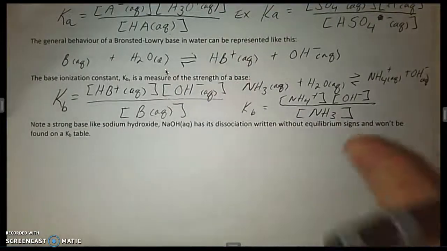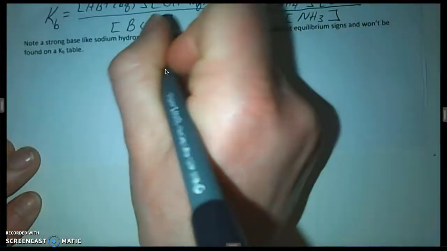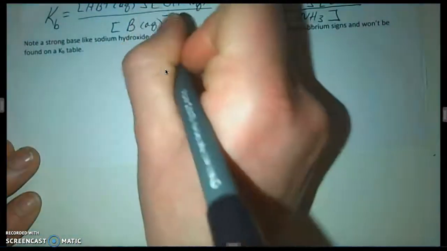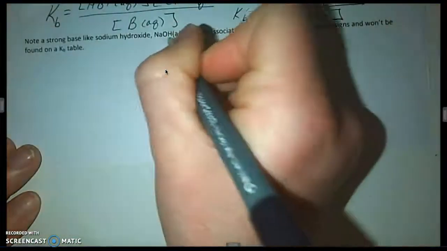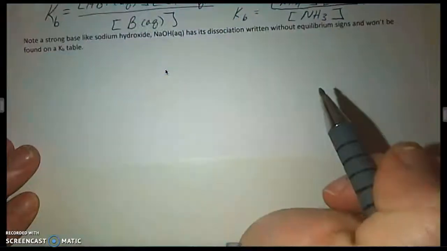The last thing I want to point out, you will sometimes see strong acids listed on Ka tables, but you won't usually see strong bases listed on Kb tables. And that's because when we're dealing with a strong base, like something where you've got a group 1 metal and a hydroxide, you're not going to see an equilibrium. You're also not going to see the role of the solvent.